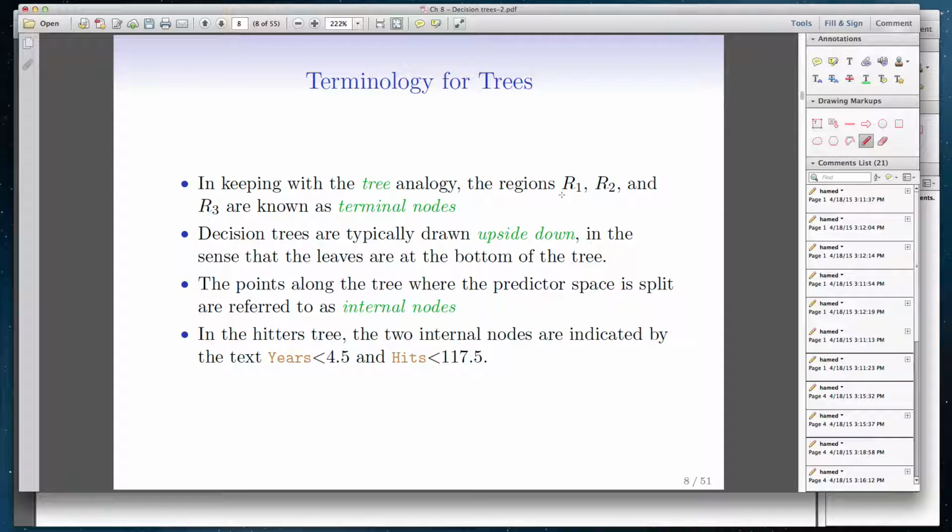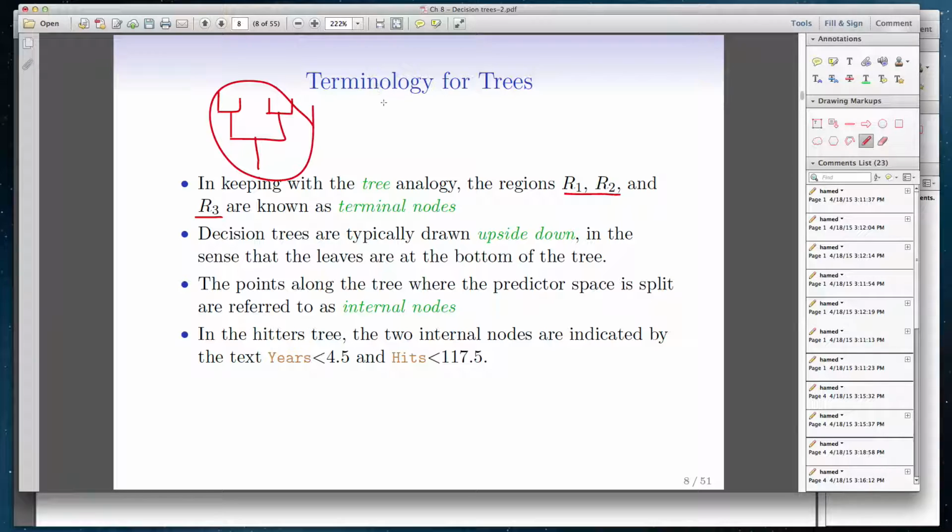So again, whatever we said earlier is repeated here. We have 3 regions, and each region is considered as a terminal node. The trees we grow are upside down. So this would be a more beautiful tree if we would grow it this way, but it's not easy to follow that if we do it this way.